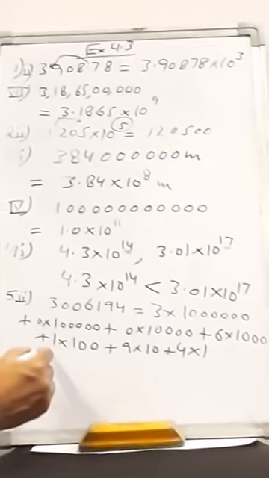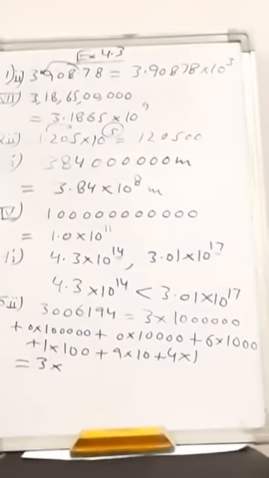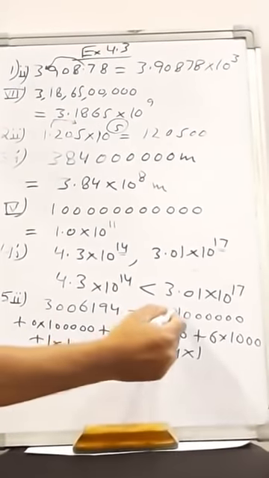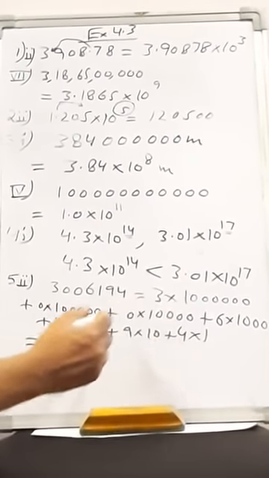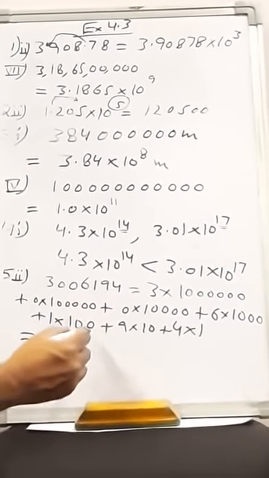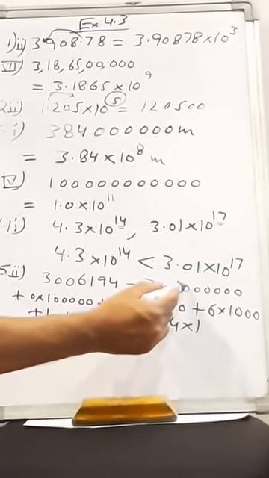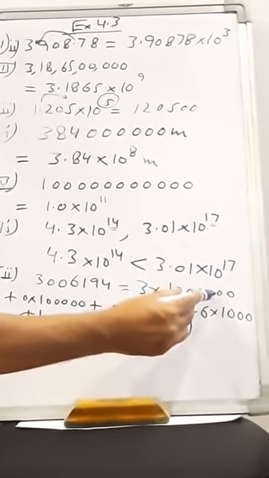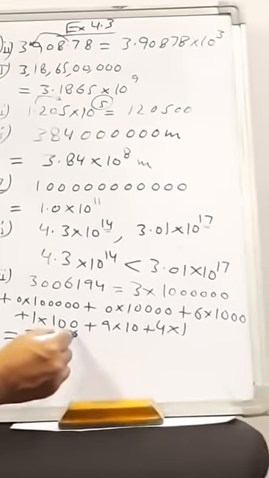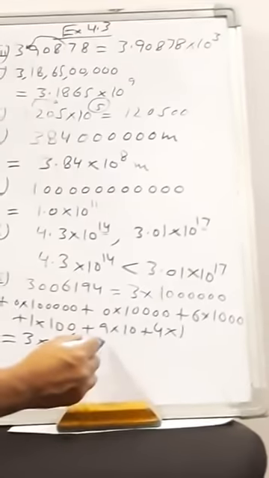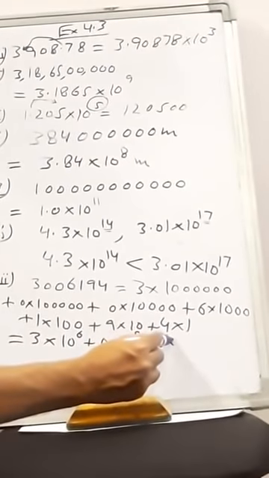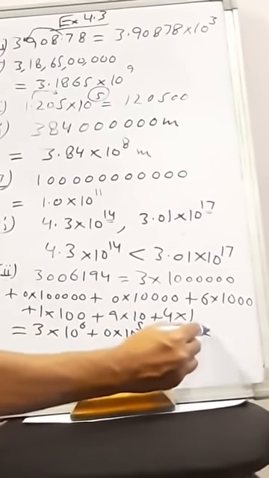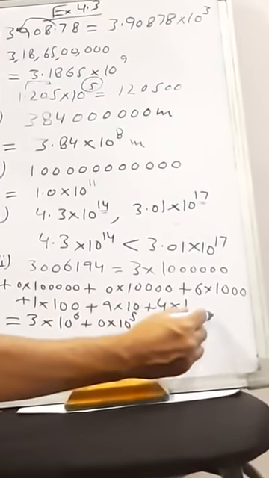Now what is the use of exponents in this? Here we are going to write this in exponential form. So we will write 3 into 10 to the power as many zeros as there are. 1, 2, 3, 4, 5, 6 zeros are there. Same with 0 into 10 to the power 5 plus 0 into 10 to the power 4. We'll count the zeros and keep on writing.